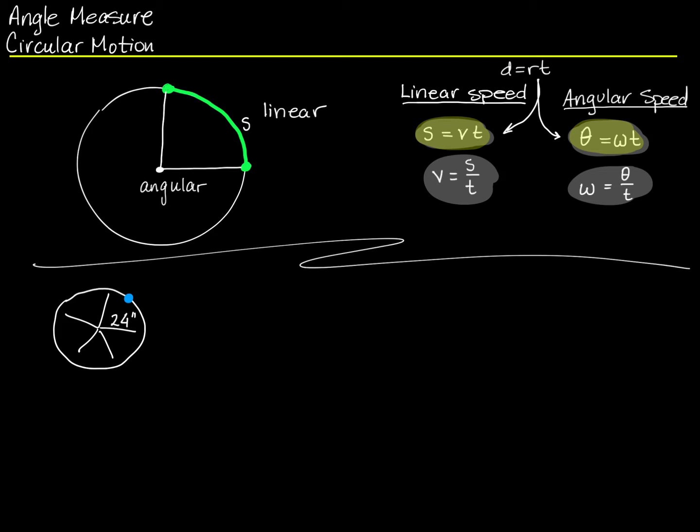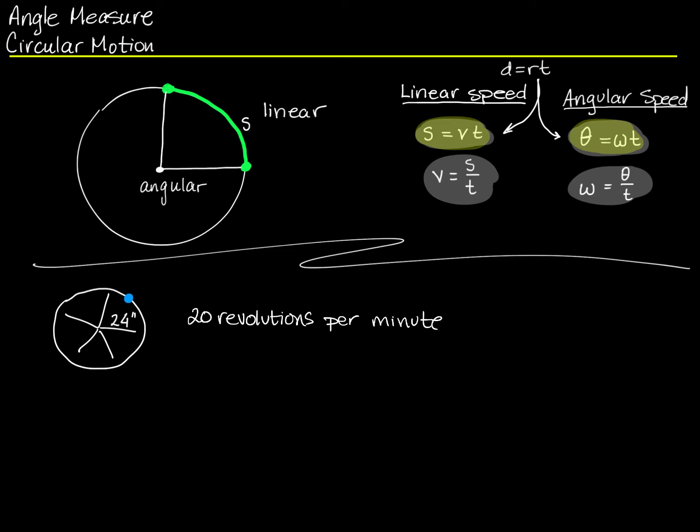In order to determine that, we need to know how fast the wheel is going around. And oftentimes the way that information is given is in revolutions or rotations per minute. In this case, I'm going to say that the wheel is going around 20 times every minute.